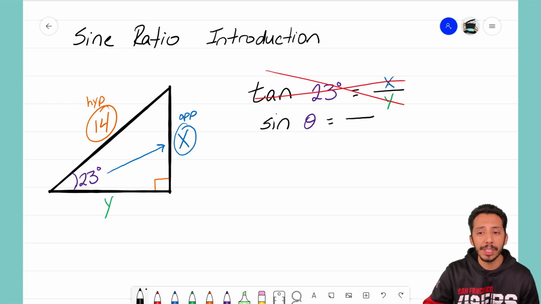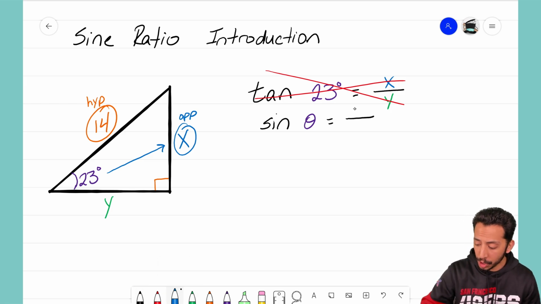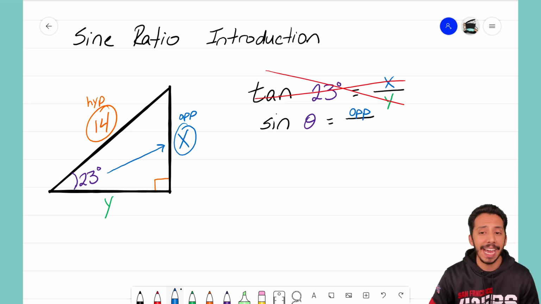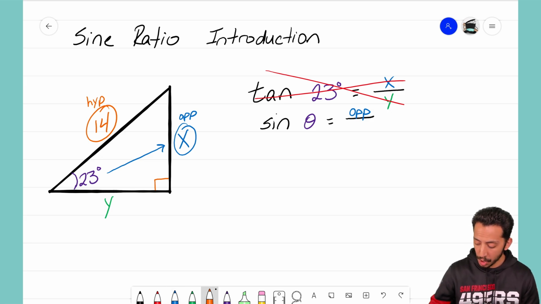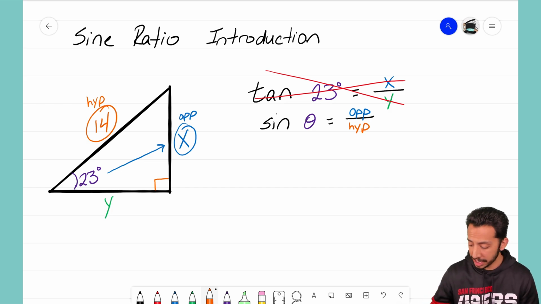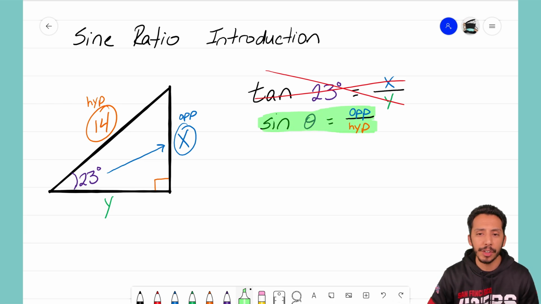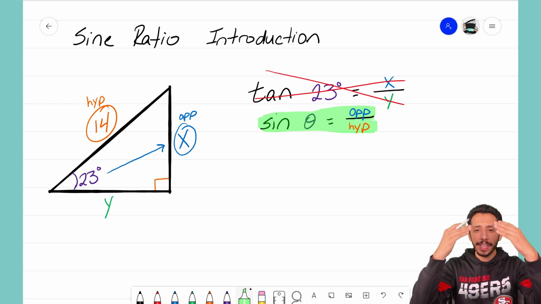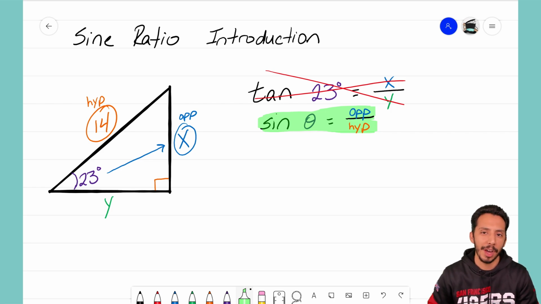With tangent we use delta y, the opposite side from our reference angle, and that still holds for the sine ratio. We include the opposite side as the numerator, but for the denominator we use the hypotenuse. So our generic formula is sine of your reference angle equals the opposite side over the hypotenuse.